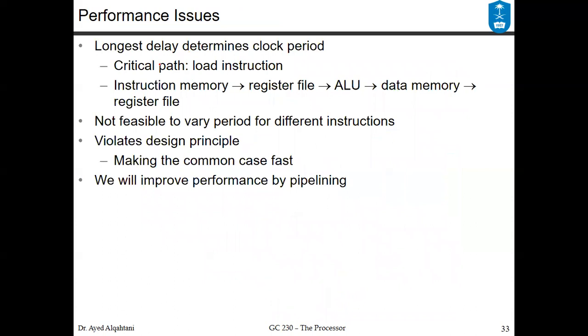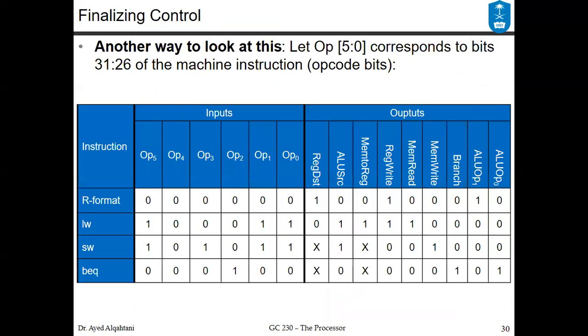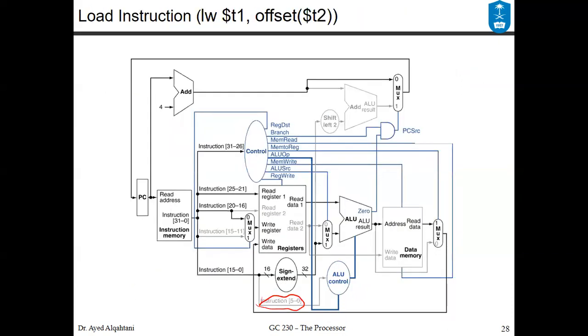Performance issues. The longest delay determines the clock period, and the longest delay in our data path comes from the load instruction. Notice the load here. Everything in the load, you are using the program counter, the instruction memory, and you're going back here. You'll use the registers, this mux, and the ALU, and also the data memory, and going back to the mux, going back to the register again.